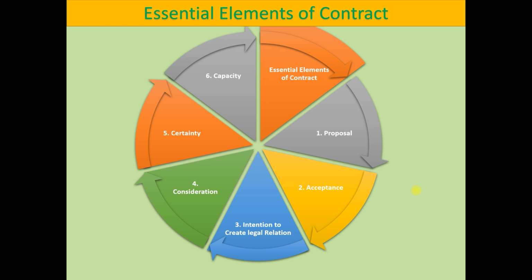One is proposal. Number two, the acceptance. Number three, there must be intention to create legal relations. Number four, there must be a consideration in the contract. Number five, there must be certainty, and the last one is capacity. So these are the 6 essential elements of the contract. We will go one by one after this.